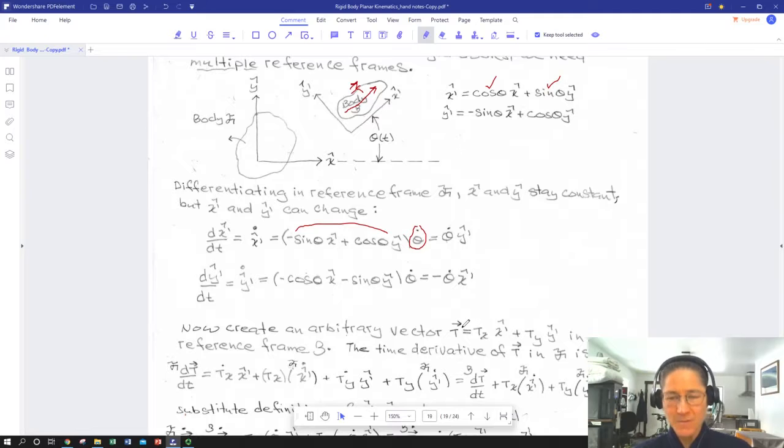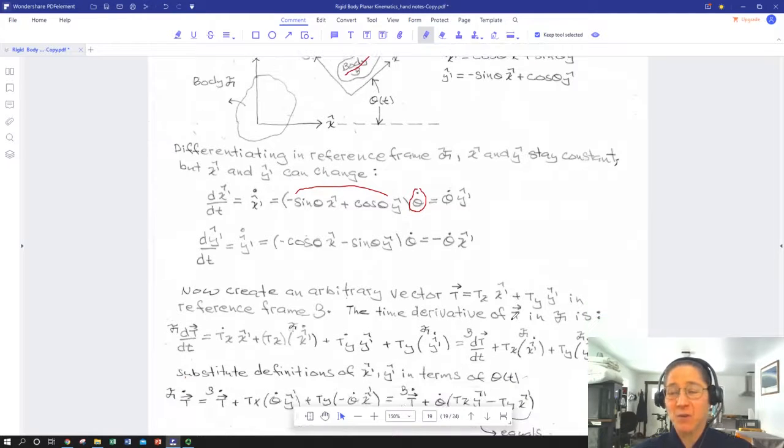So we're going to denote it as having some length t sub x in the x prime direction, and some t sub y in the y prime hat direction here in body B. In the case of the one we drew, t sub y is pretty small, and t sub x is practically equal to the magnitude of t. It could be any vector in our body B, or in the reference frame that body B is occupying.